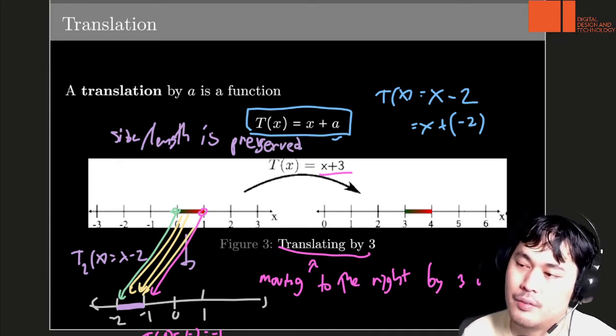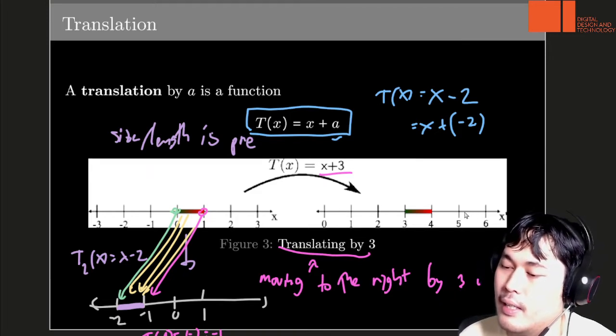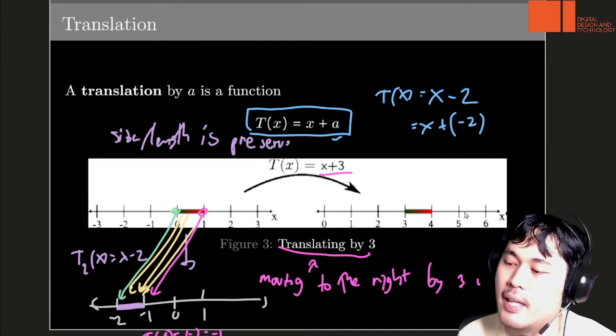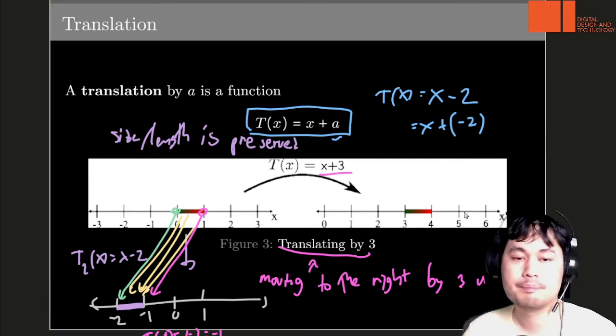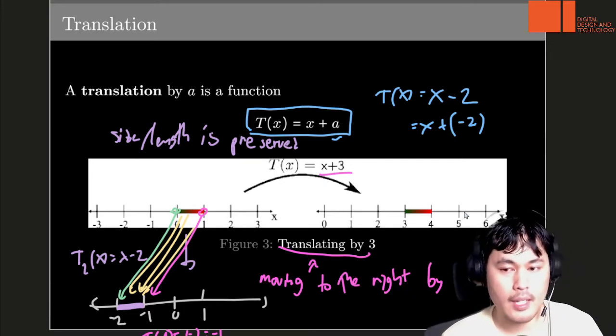Meaning that after the transformation, if you start from a line segment of length 1, you still get a line segment of length 1. The length is unchanged.